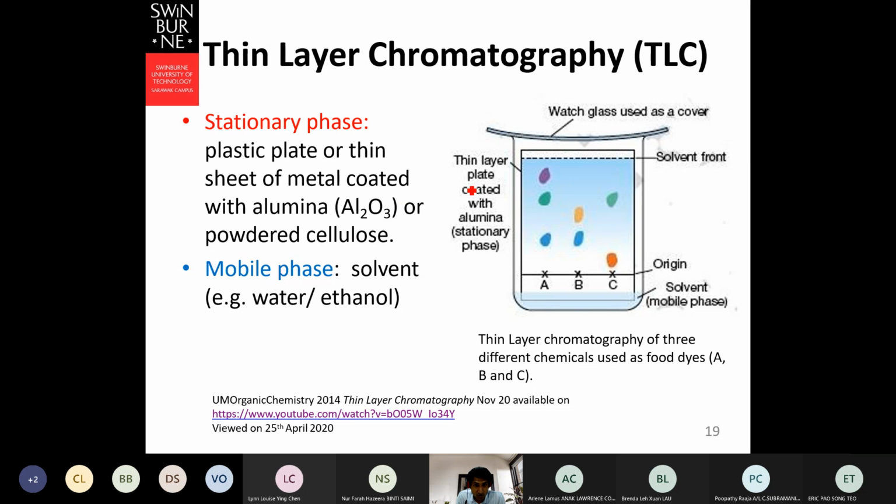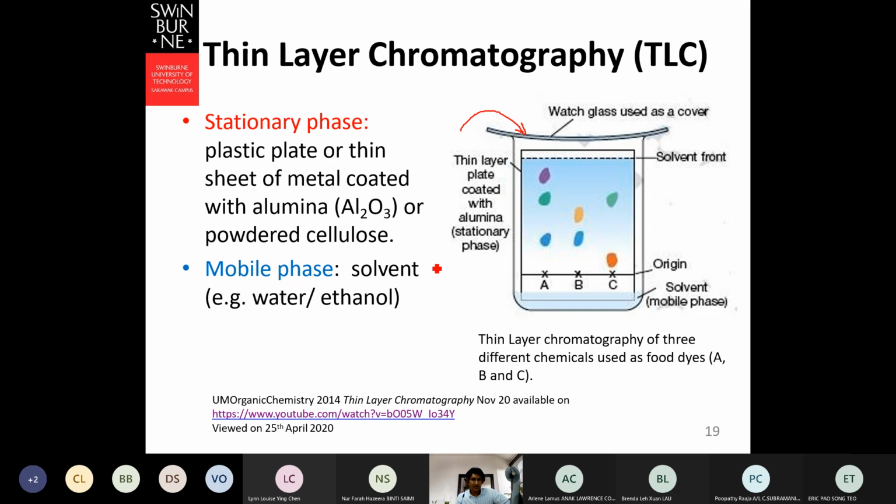Oh, another thing I forgot to mention: when we do the chromatography, we should ideally close the lid. Why do we close it?